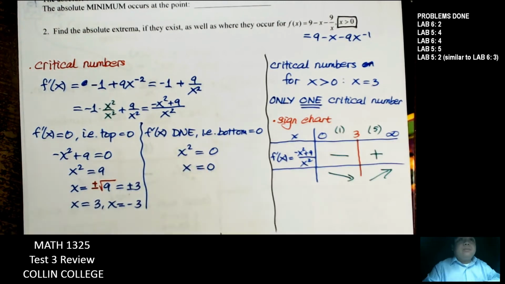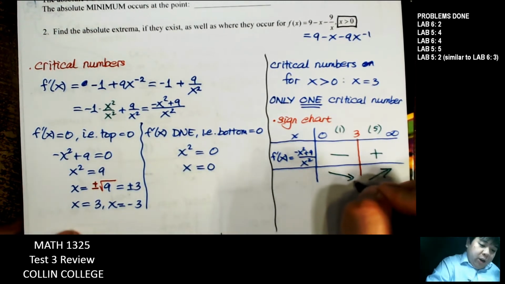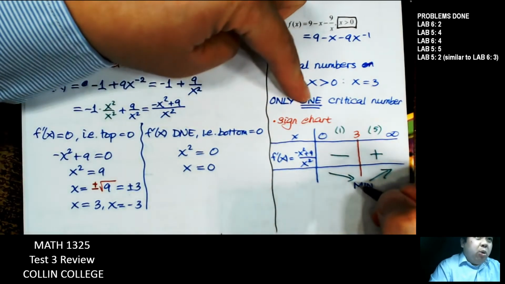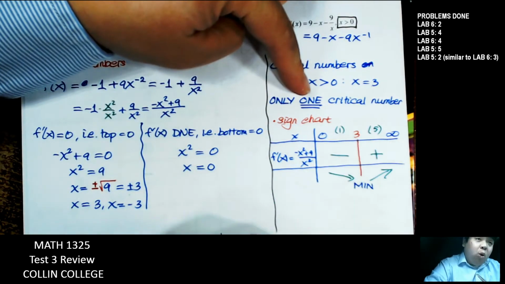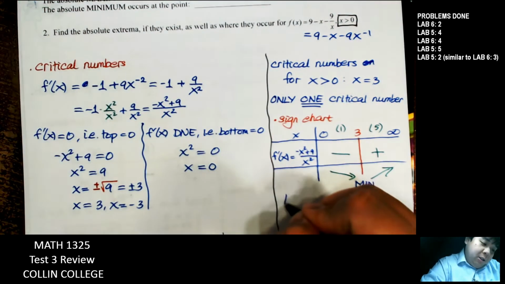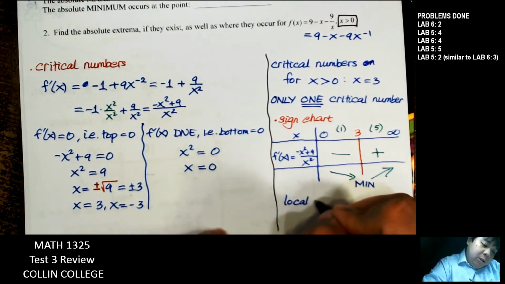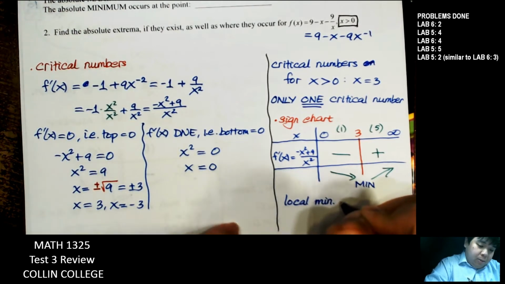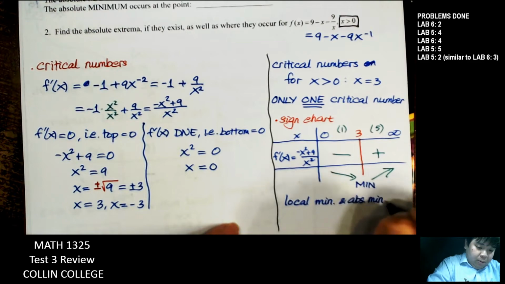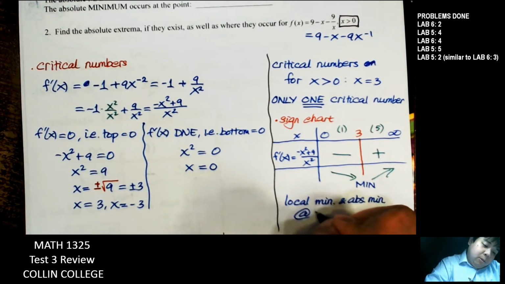If we put 1 in here, clearly the top is negative and the bottom is positive. So it's negative and then positive, meaning going down and then up. So here we have the minimum. Since it is only one critical number, we have a local min and absolute min at x equal to 3.